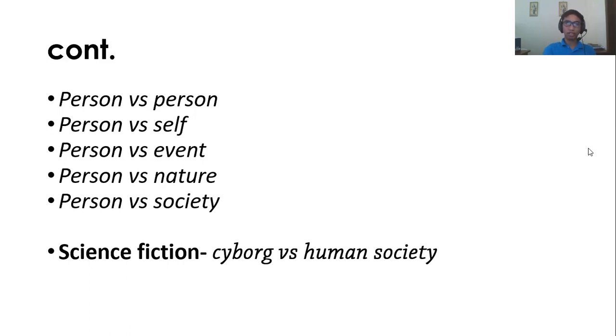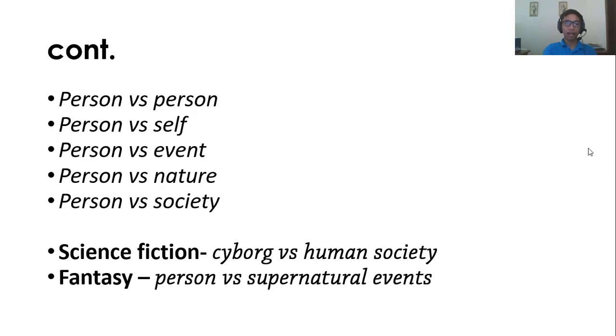These days, when we look upon the themes of many Hollywood movies, they talk about science fiction. It's all about cyborgs or machines. What else? Robots versus human society. Aliens, yeah. And for fantasy, it's all about person versus supernatural events. Since it's fantasy, it's all about supernatural events.